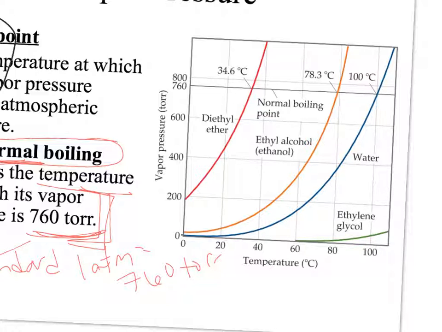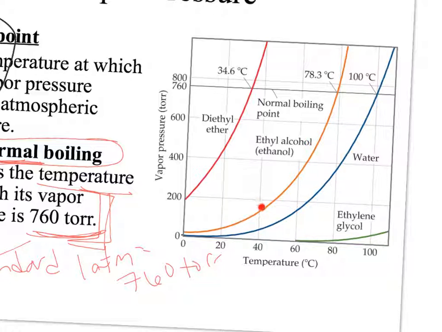Now let's see which one of these has the strongest intermolecular forces. Which one do you think has the strongest intermolecular forces? Well, let's just pick a temperature just to compare. We'll go to 40 degrees Celsius. At 40 degrees Celsius, our vapor pressure of water is here, might be about 50 torr.